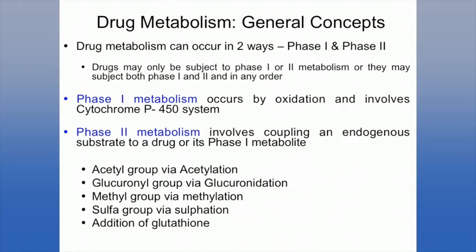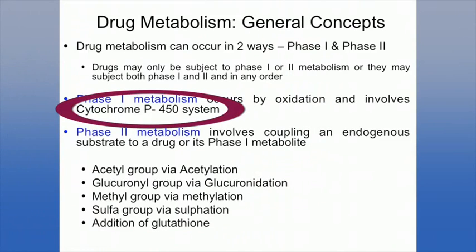What's phase 1 metabolism? Well, this is that microsomal oxidation system. Phase 1 metabolism occurs by oxidation and involves this family of oxidative enzymes, and it is called the cytochrome P450 system.